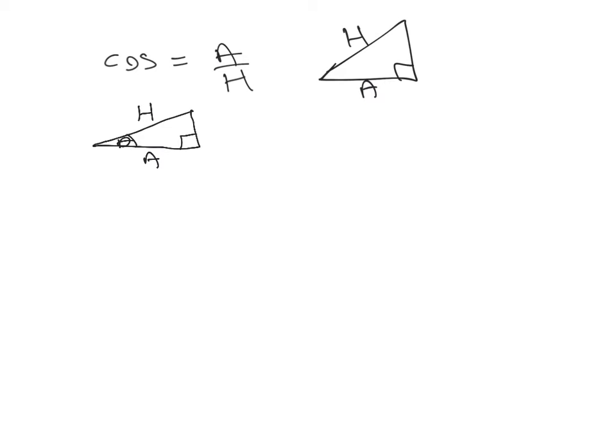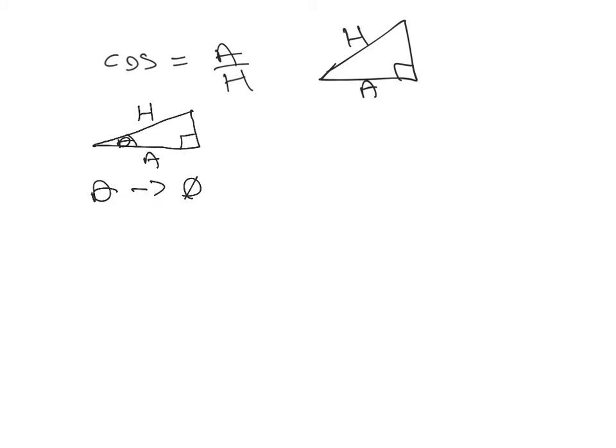Now, as the angle theta tends towards 0, what can we say? As it tends towards 0, we notice that our hypotenuse becomes closer and closer to the adjacent. It's falling down on it, isn't it? Now, as it falls down on it, it's going to tend towards the same size as the adjacent, because ultimately the two arms, the adjacent and hypotenuse, are going to be on top of each other.